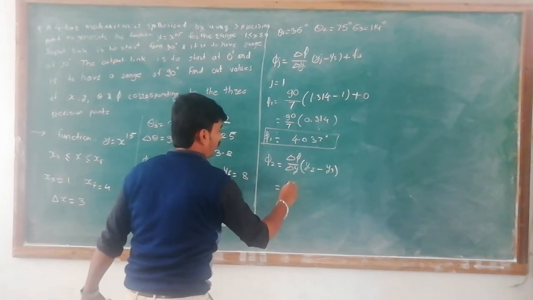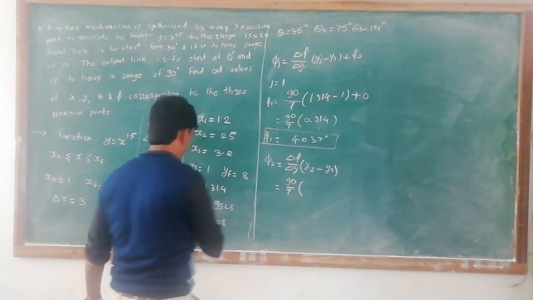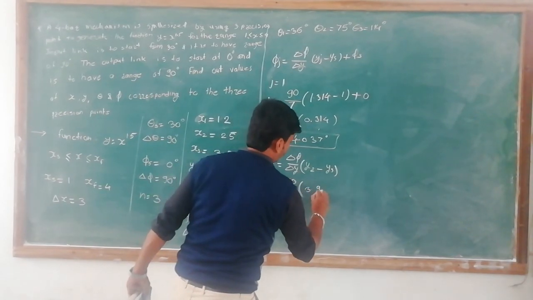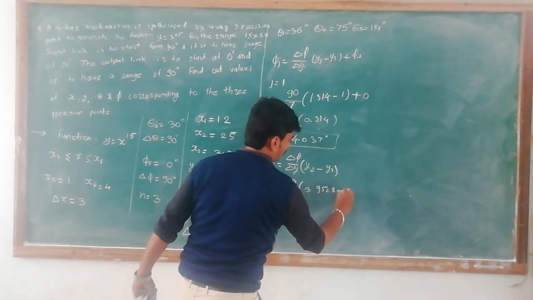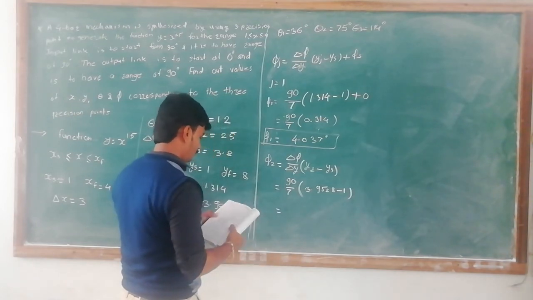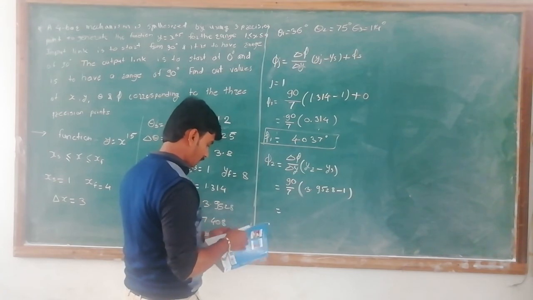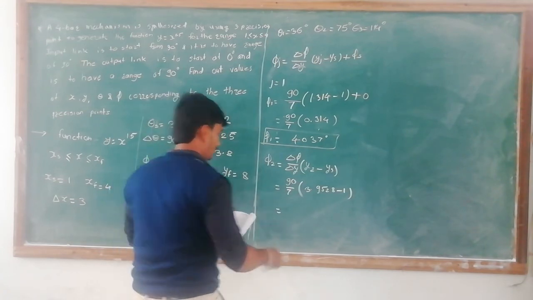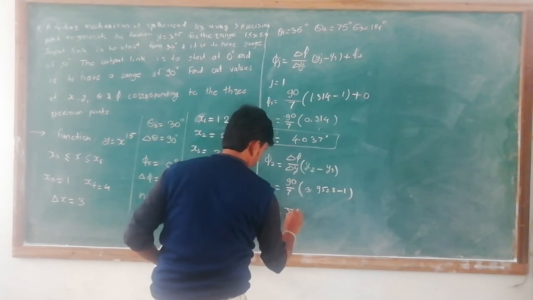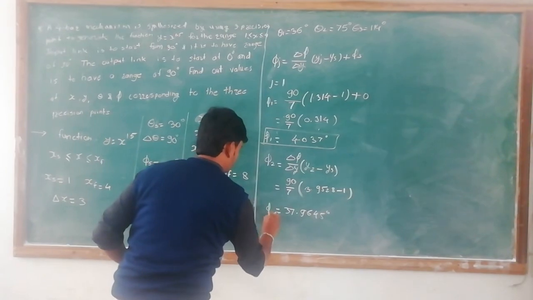So delta of phi 90 divided by 7 into (y2, which is equal to 3.9527, minus 1). So it is equal to 37.9645 degrees.